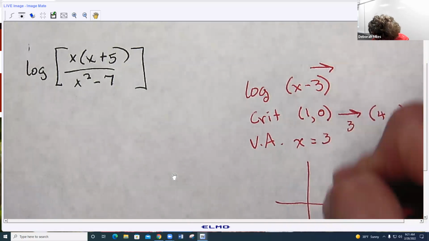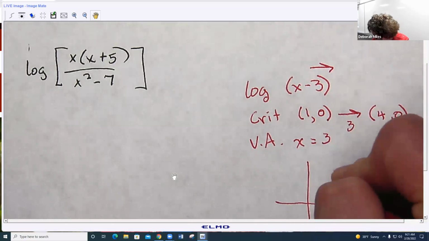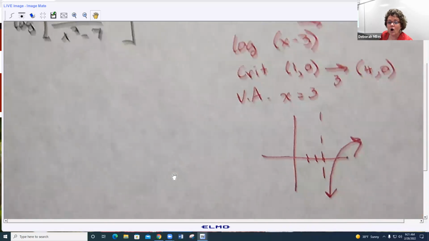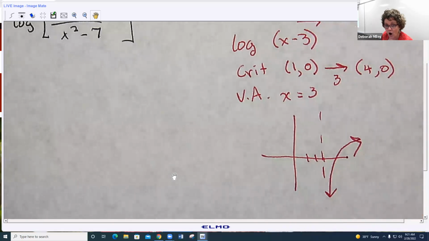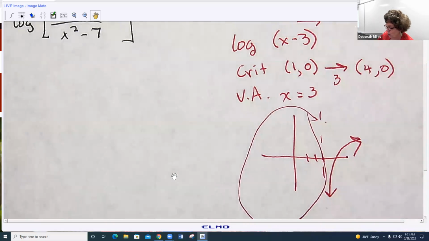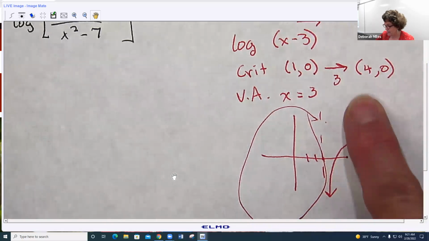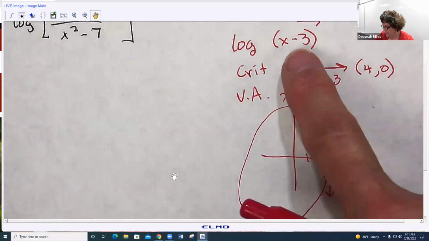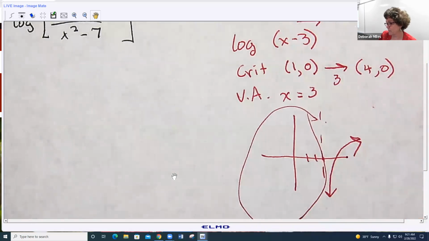So what I wanted to show you in answer to your question, Chastity, when you're talking about, is there a whole space that's a hole? Well, really, you could consider this whole space as a hole, because you can't let x be anything less than 3, or you're taking the log of a negative number.